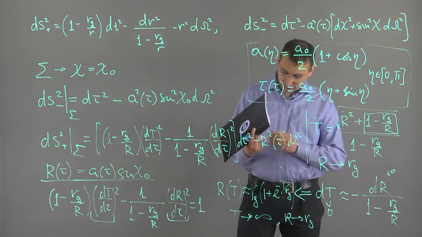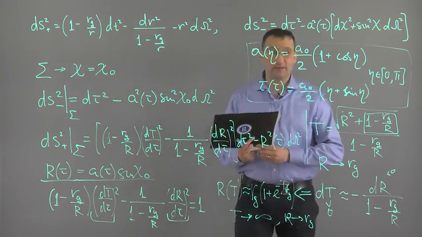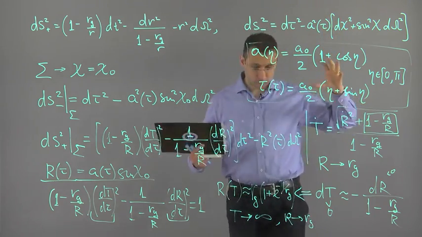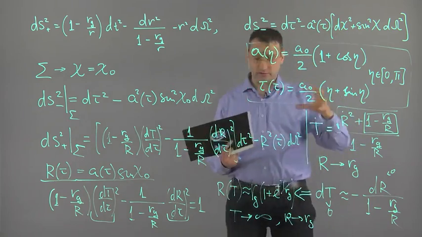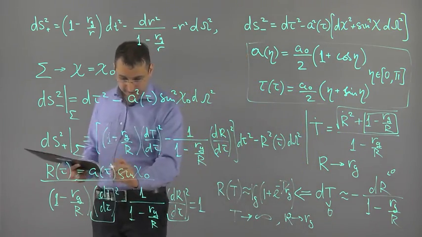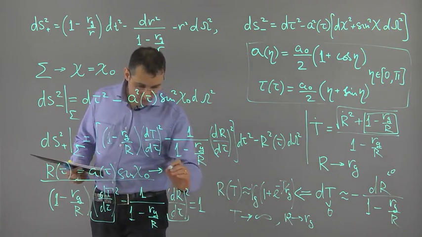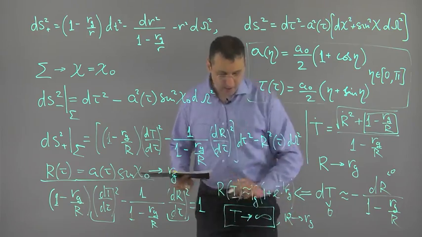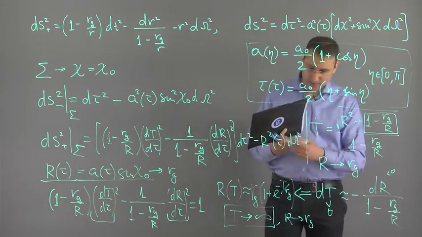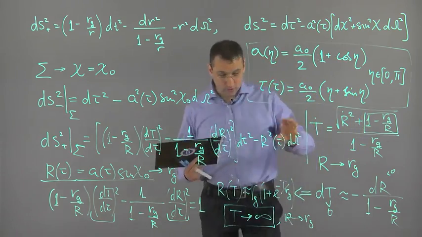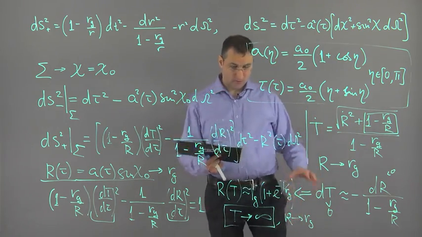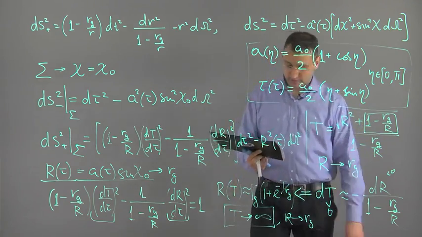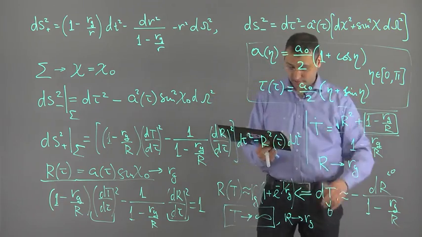So we encounter the following situation: despite the fact that it takes finite proper time for the star surface to cross the Schwarzschild radius, the Schwarzschild horizon, it takes an infinite amount of time from the point of view of an outside observer for the star surface to cross the horizon. So the star surface is asymptotically slowing down and approaching the Schwarzschild radius.